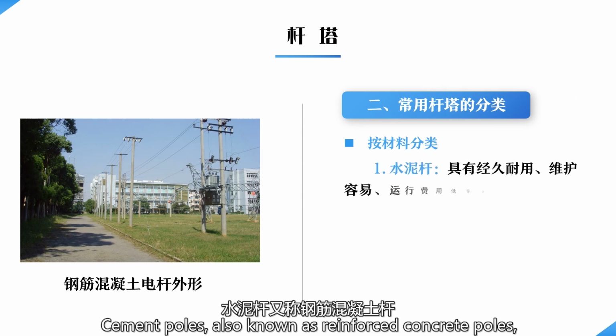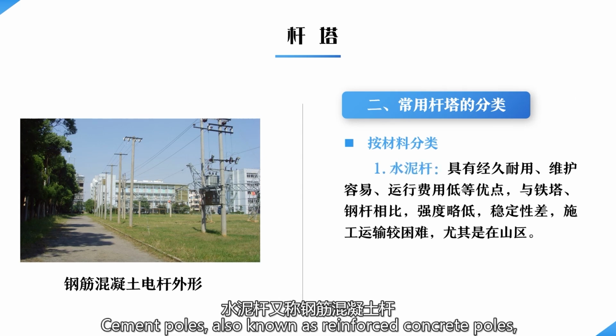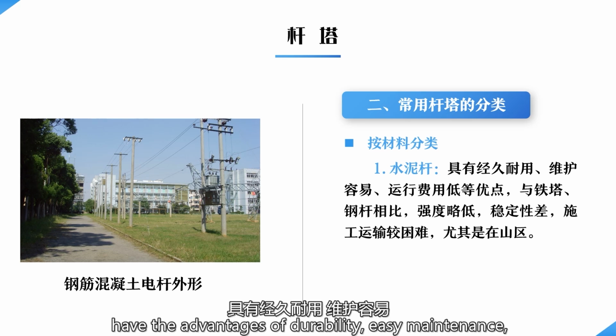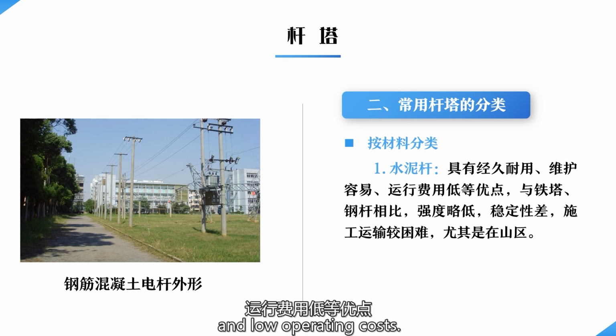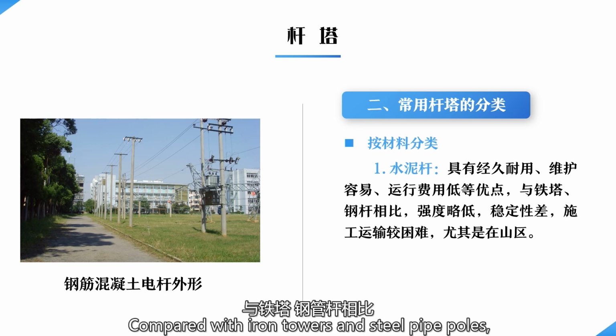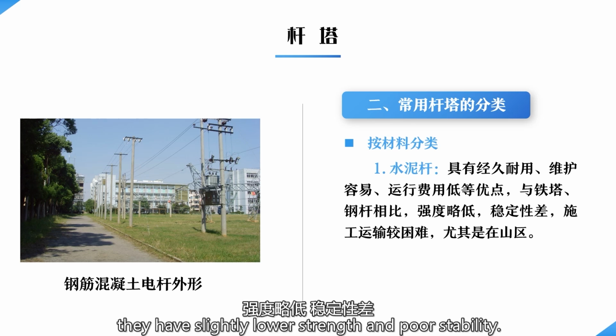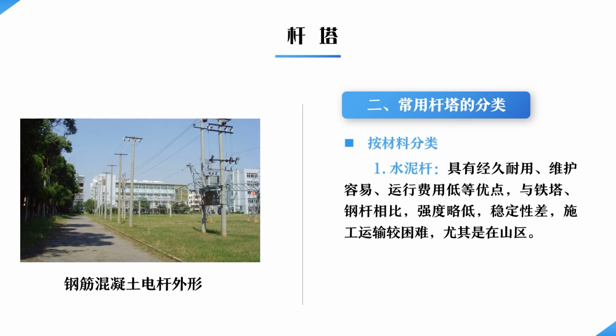Cement poles, also known as reinforced concrete poles, have the advantages of durability, easy maintenance, and low operating cost. Compared with iron tower and steel pipe poles, they have slightly lower strength and poor stability.